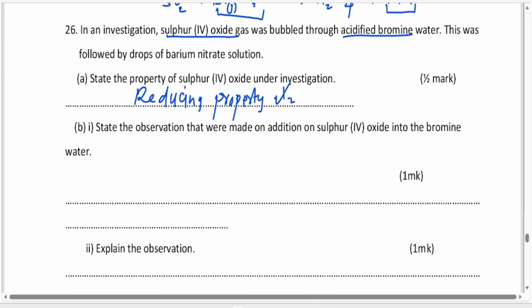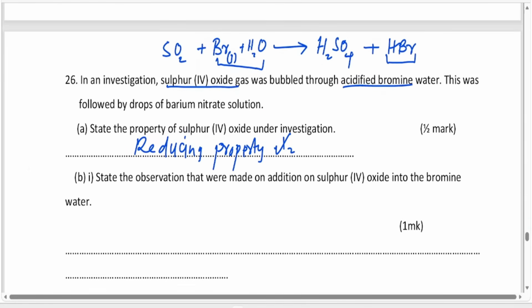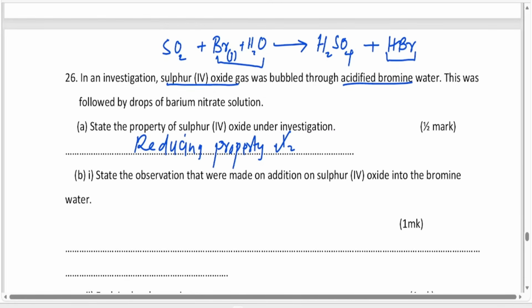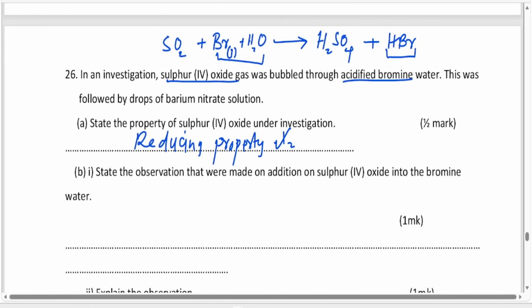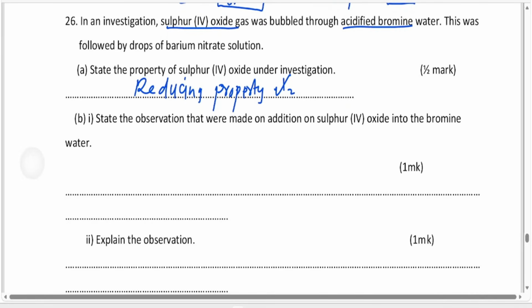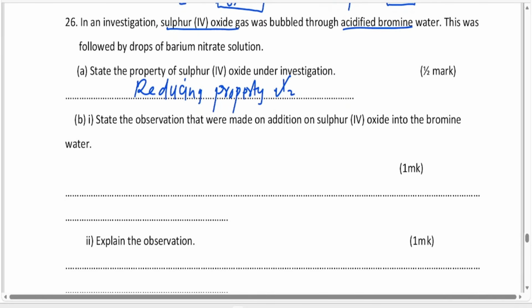State the observations that were made on addition of sulfur oxide into the bromine water. We expect the color to change to colorless because bromine water is orange in color. Therefore, we expect it to decolorize. So we say sulfur oxide, yellow bromine water is decolorized.